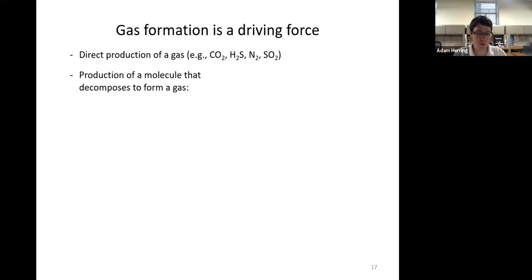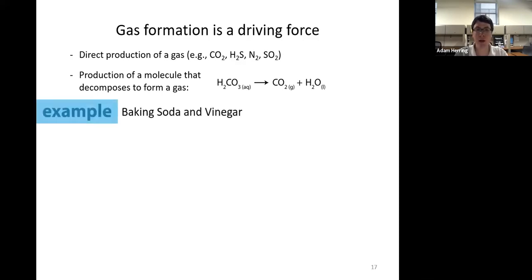Another way that we could form a gas is through producing a molecule that decomposes in order to form a gas. So for example, carbonic acid can decompose into carbon dioxide and water.